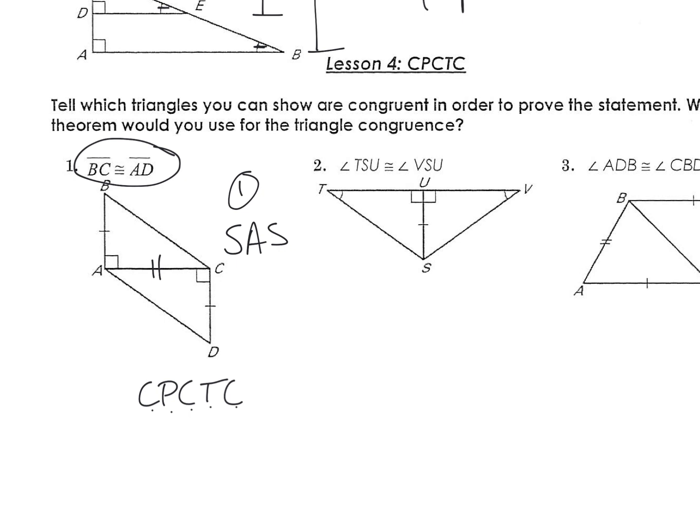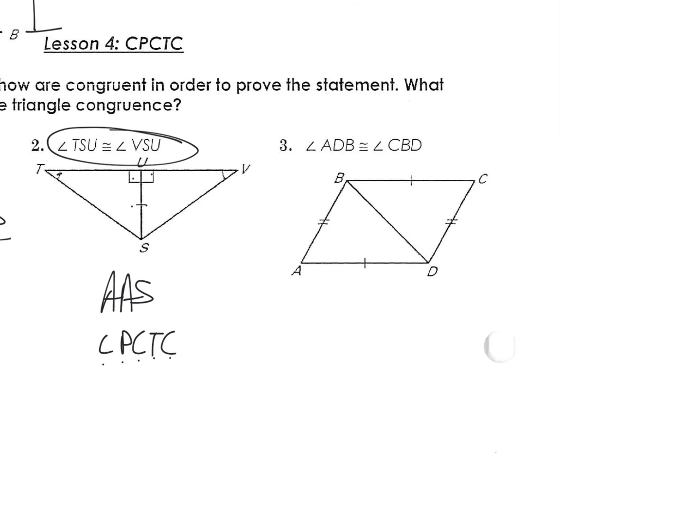Meaning, once I know two triangles are congruent by one of our 5 shortcuts, then all the pieces have to be congruent. So same thing here. I have angle, angle, side, angle, angle, side. So we know that these two are set up by angle, angle, side. Then we can say this is congruent by CPCTC, corresponding parts of congruent triangles are congruent. And then here, this one would be just side, side, side.